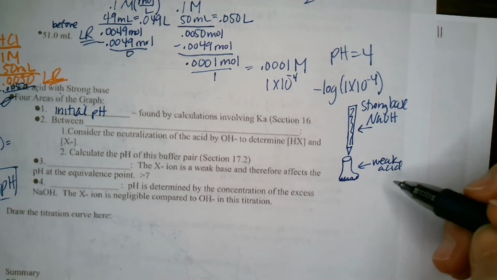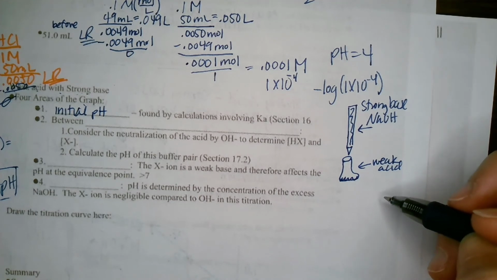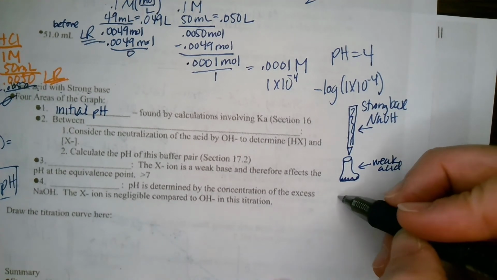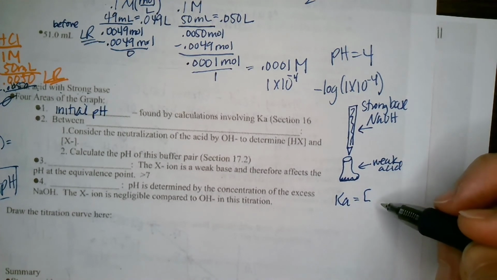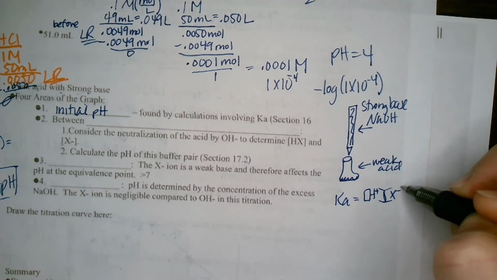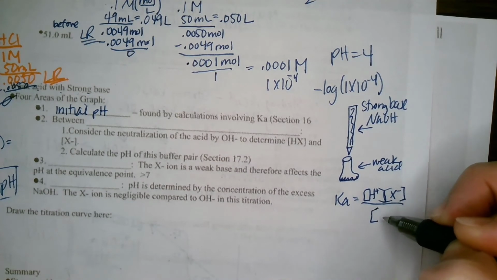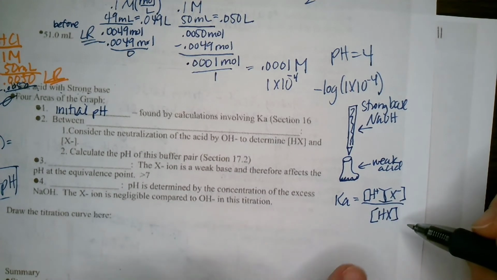Now, remember, when I look at those weak acids, we have a Ka, and that Ka is equal to my H plus times X minus, all over my molecular concentration of that acid.